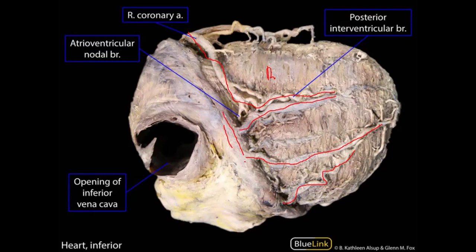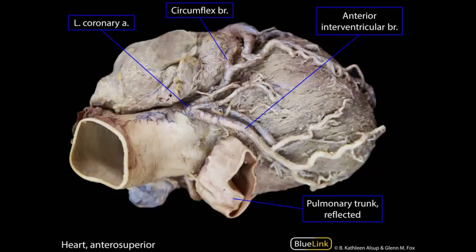Okay, coronary sinus. So now you can see clearly this is the left coronary. It is simply a short trunk which immediately bifurcates into the anterior interventricular branch, also known as the left anterior descending, and you can see the circumflex branch there.